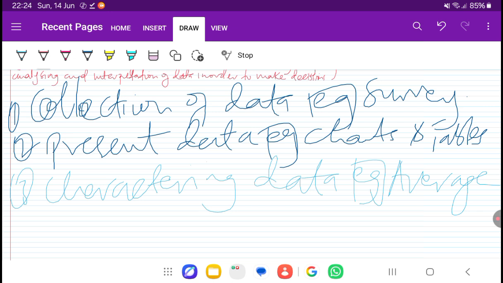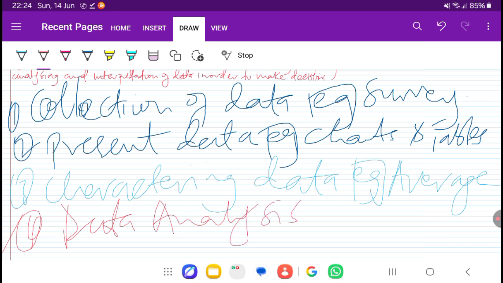Once you are done with that, the fourth item is data analysis. You analyze the data. As you analyze or interpret the data, the question you are going to have is, why do I do this?